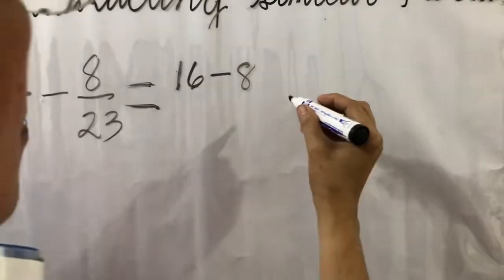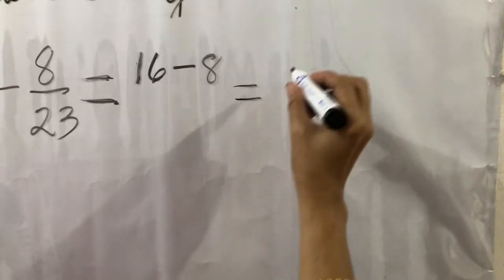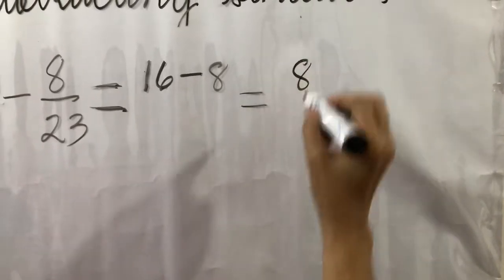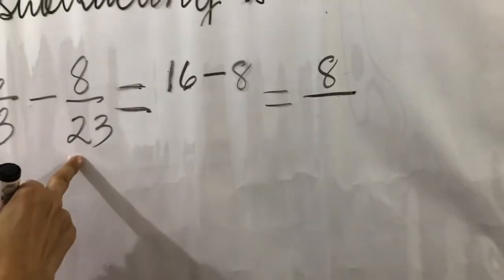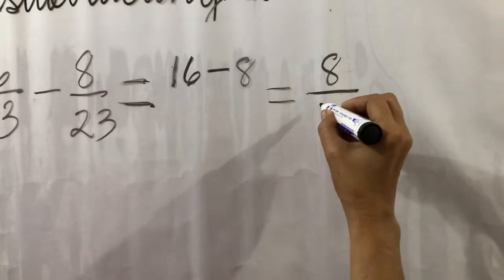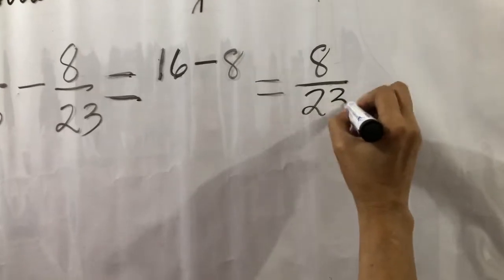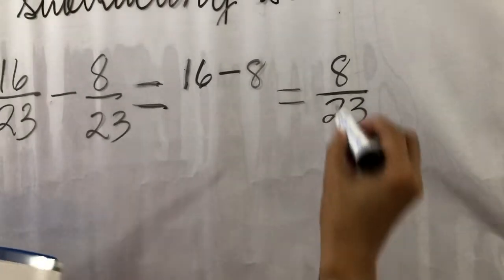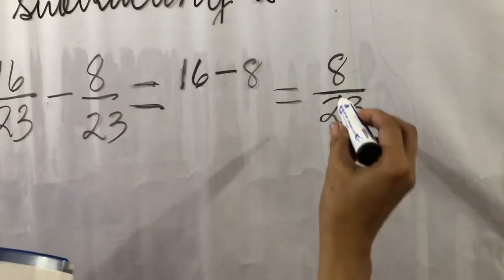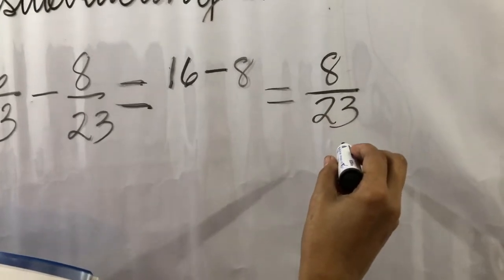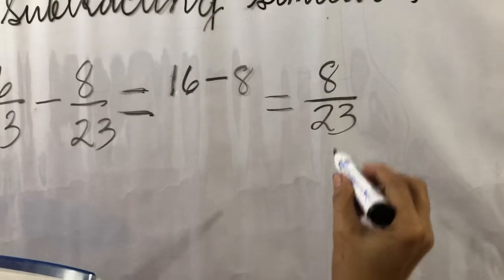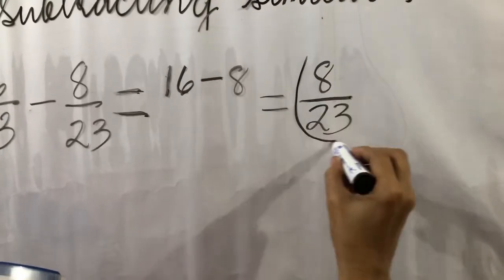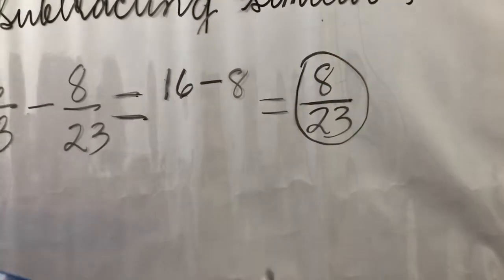The answer is 8. To get the denominator, you copy the denominator 23. So that is now the answer. You cannot reduce this one to lowest term because the only common factor of 8 and 23 is 1. So this is now the answer in lowest term.